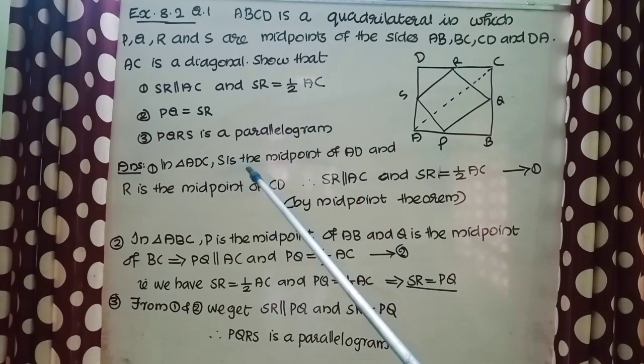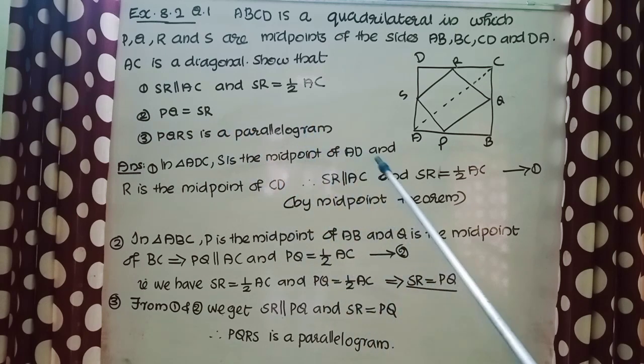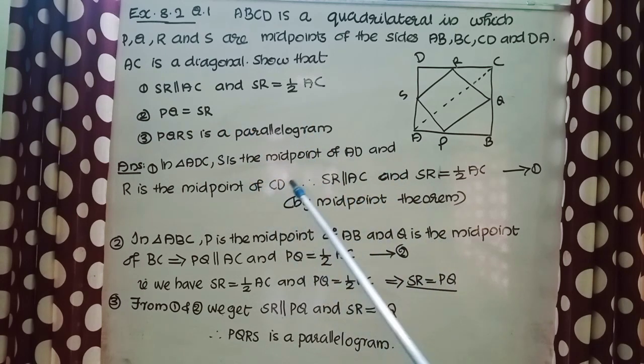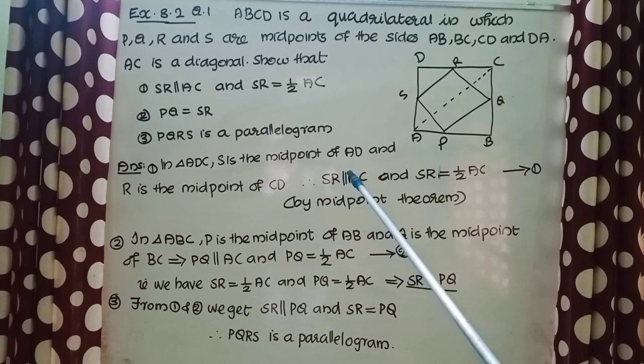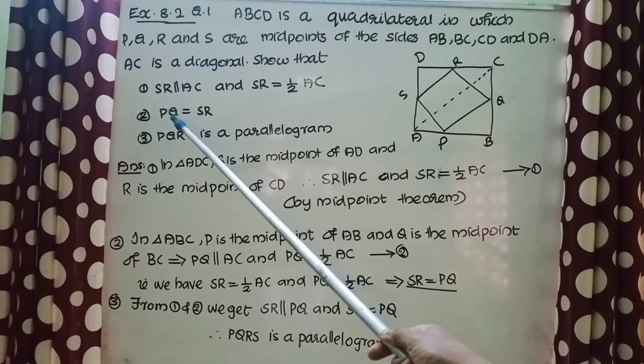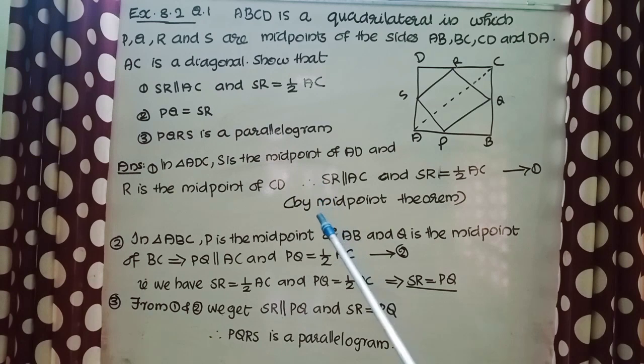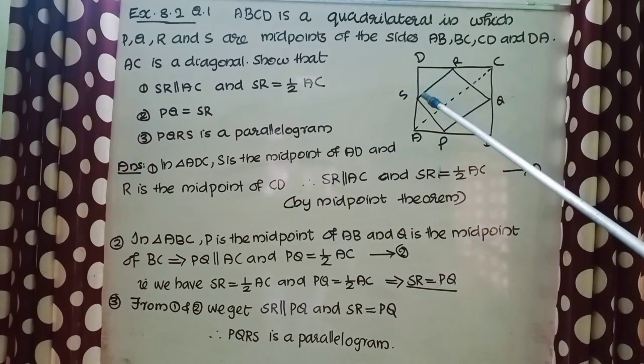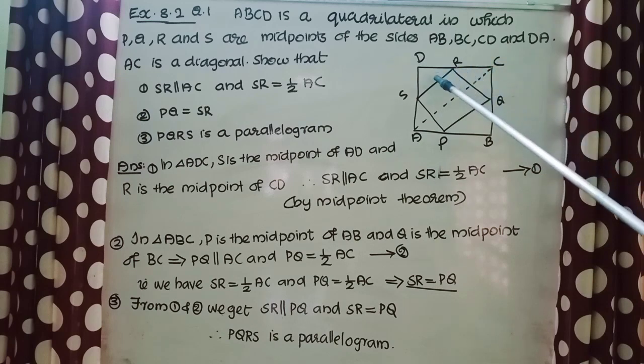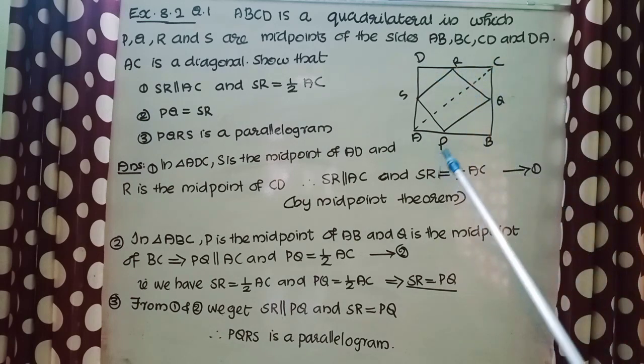Therefore, in triangle ADC, S is the midpoint of AD and R is the midpoint of CD. Therefore, SR parallel to AC and SR equal to half AC by midpoint theorem. Second one is to prove PQ equal to SR. Here we have seen now this SR is parallel to AC and SR equal to half AC.